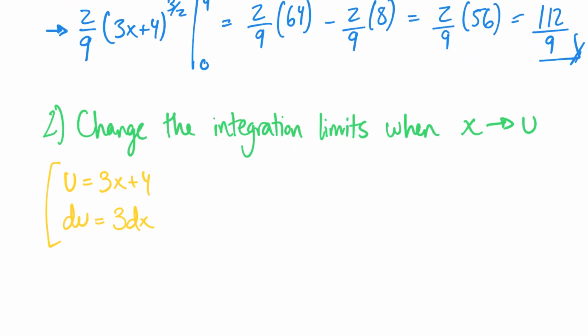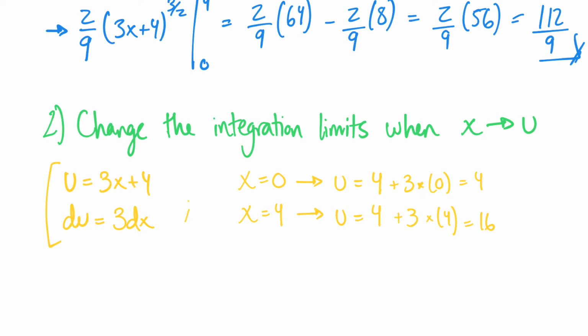Well, when x is equal to 0, then u is going to be equal to 4 plus 3 times 0. When x is equal to 4, u is going to be equal to 4 plus 3 times 4. So this is going to be 4, and this is going to be 16.